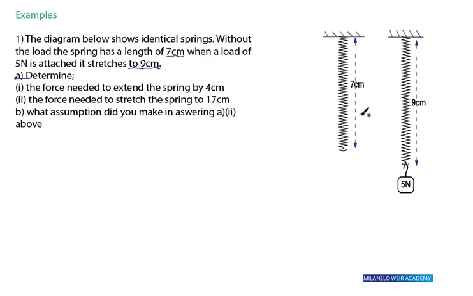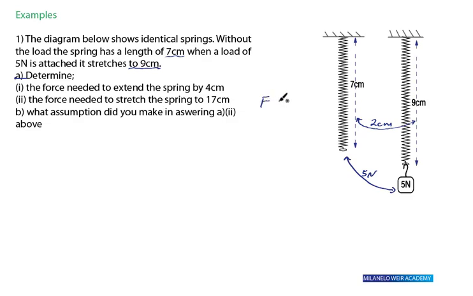So from 7 to 9, the change in length is 2 centimeters. The change in force, 5 minus 0 is 5, so this is 5 Newton. So what do we know?